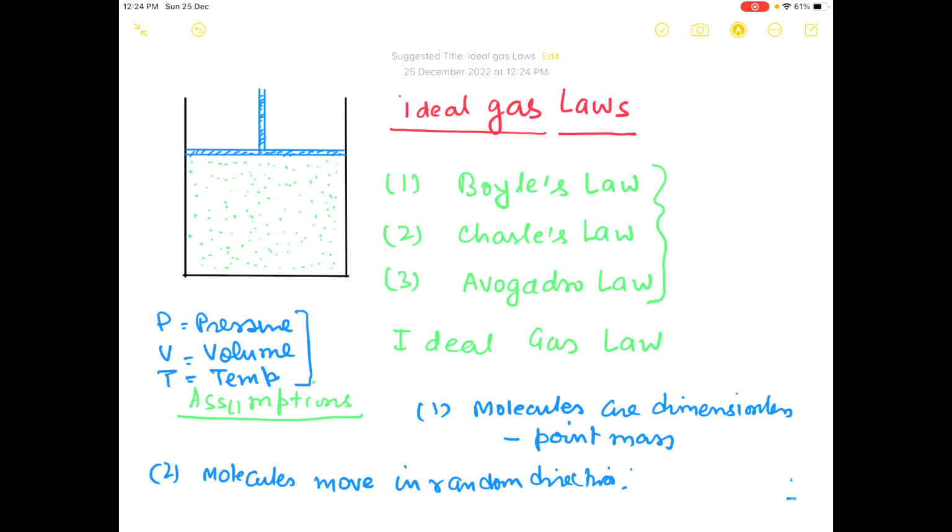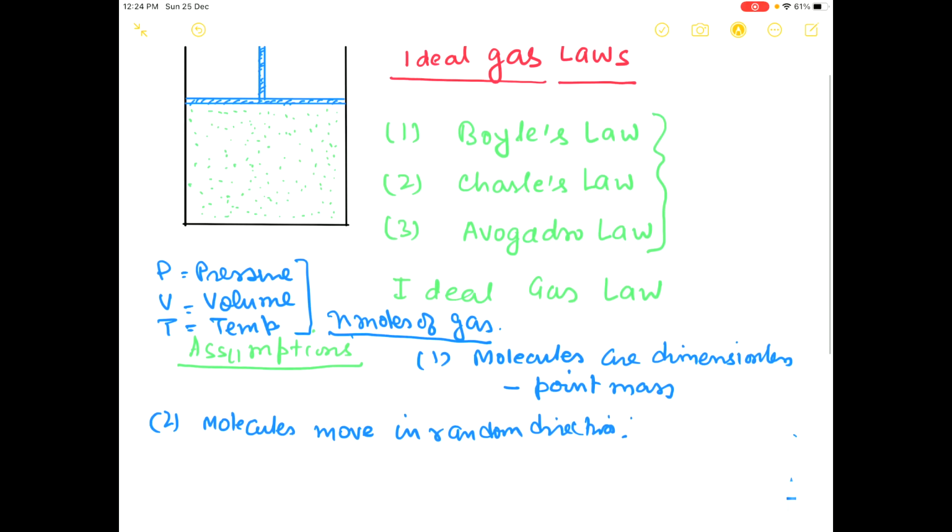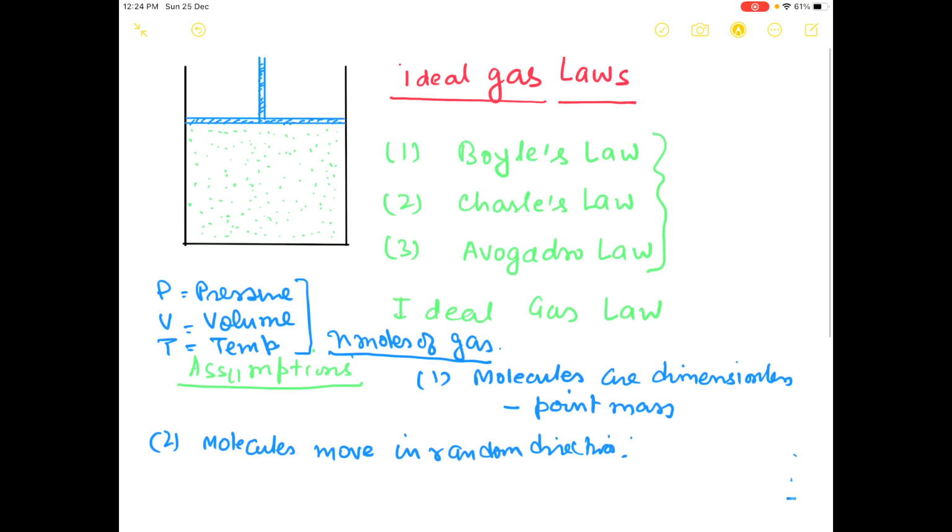And let us suppose there are n mole of gas. N is the number of moles of the gas. So in this diagram, the molecules are moving in random direction and they collide with each other.